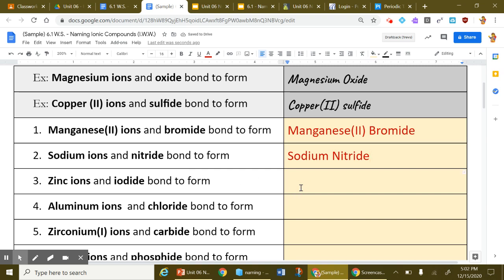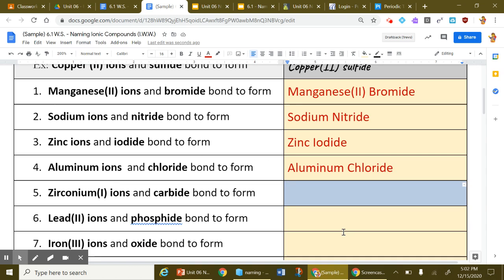Zinc ions and iodide, well, together they form a compound known as zinc iodide. By the way, guys, most of these things actually exist. You can go just look them up on Wikipedia and see them there, okay? Aluminum ions and chloride form aluminum chloride. No Roman numeral in the aluminum ion name, so we don't bring one over here.